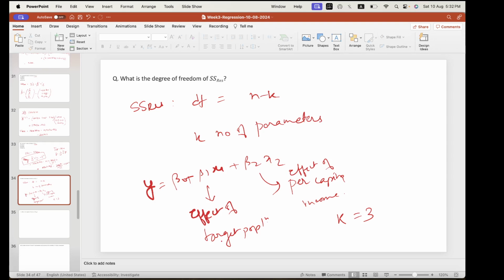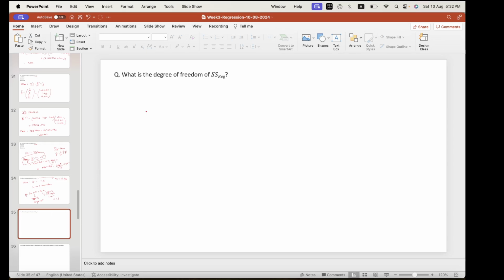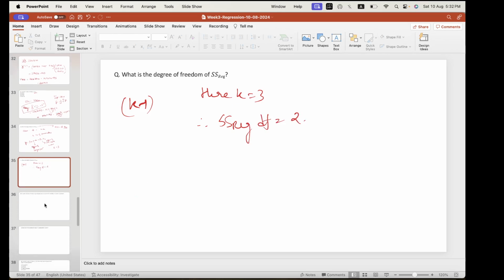Okay. So SS residual's degrees of freedom would be 21 minus 3, that is 18. Similarly here, what is the degree of freedom of SS due to regression? That would be k minus 1. So here k is 3, therefore SS regression df would be 2.